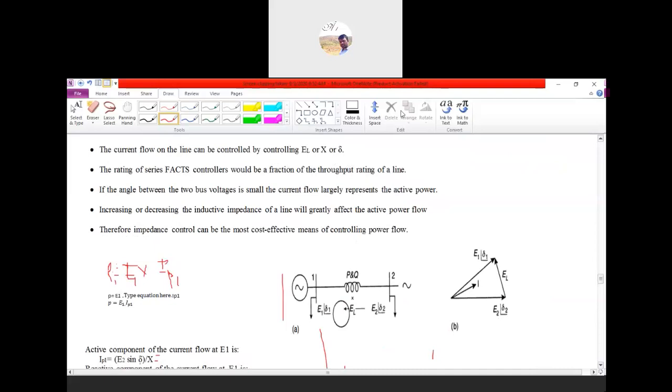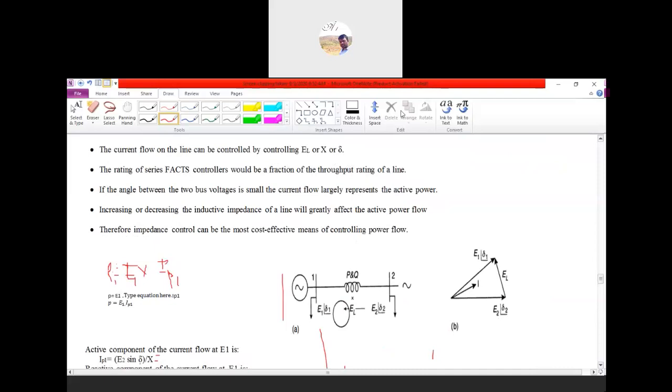If you increase above that, the power flow will decrease. So there should be a limit. There is high speed control of any of the parameters, E1, E2, X and L. The transmission line can be utilized only to a level below that corresponding to 90 degrees.